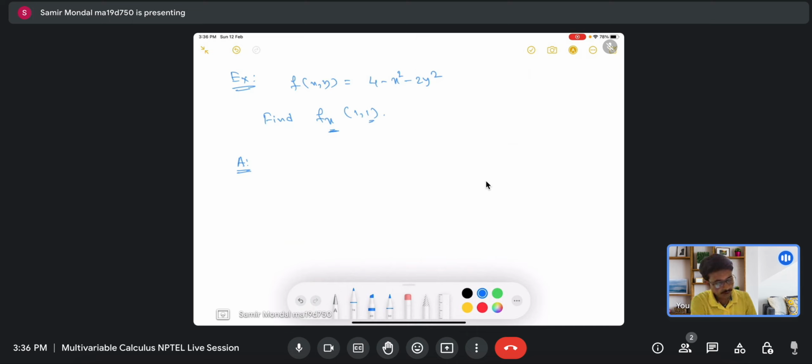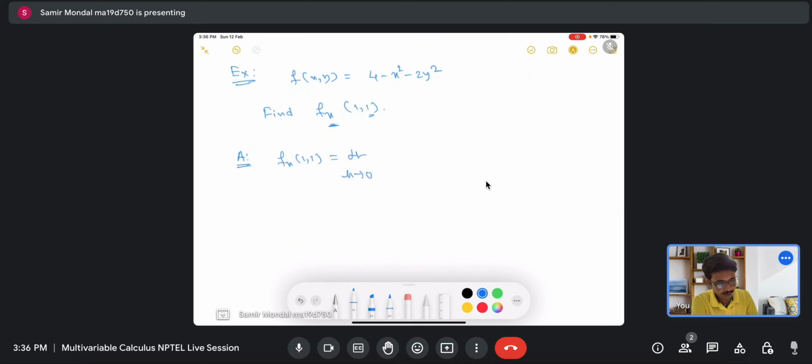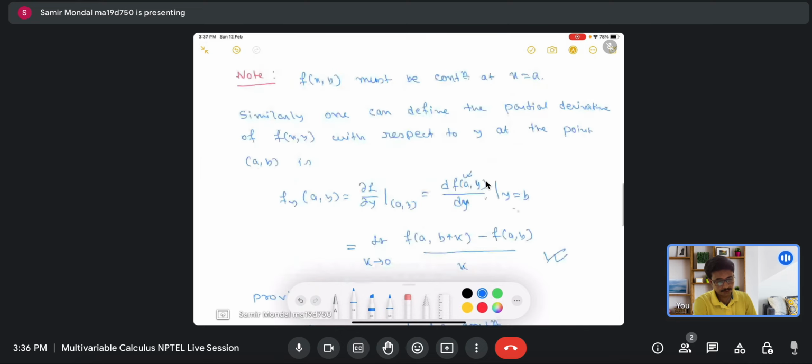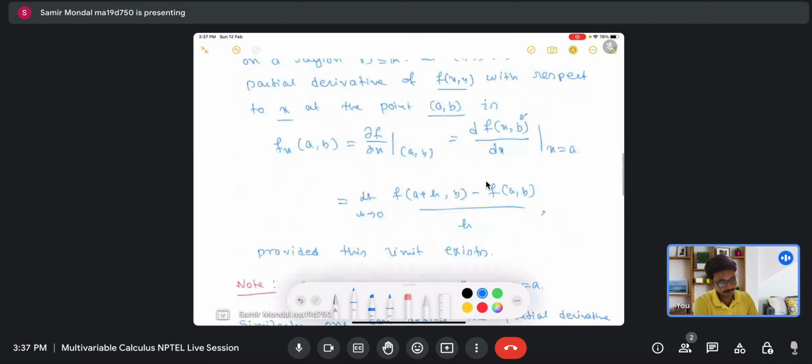First we'll do the limiting process. The partial derivative with respect to x is the limit as h tends to 0 of f of (1 plus h, 1) minus f of (1, 1), divided by h. This is the definition of the partial derivative with respect to x.